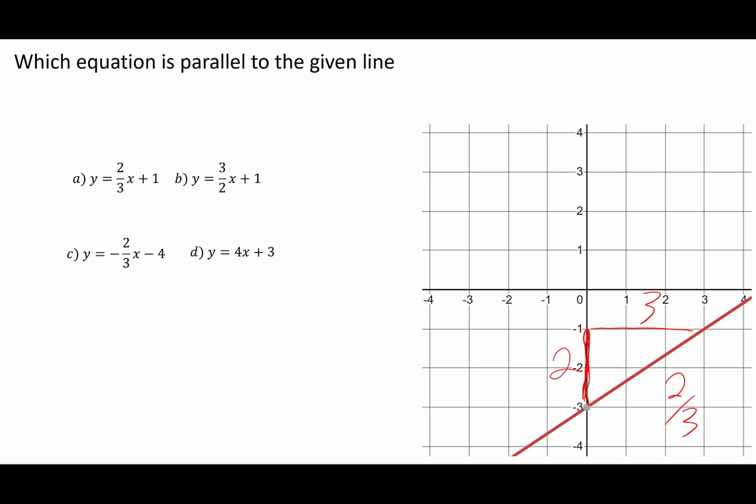So if we're looking at a parallel line, I want the slope to be exactly the same. So of my 4 here, which is parallel? Well, looking at the slopes, right, that's the number in front of x. Which one has the same slope? A. Okay, we'll look at another one.